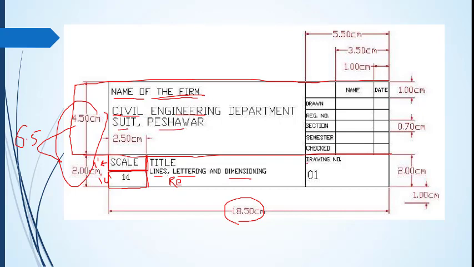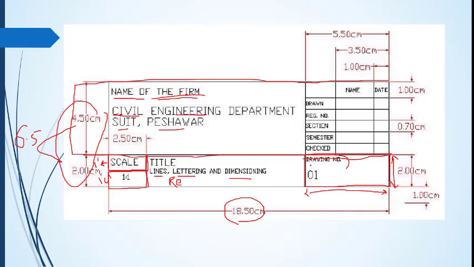The other part of a title block is the drawing number. We will provide a space here that you can see. For example, this part is again 2 centimeters in width, and the remaining is 5.5 centimeters in length.